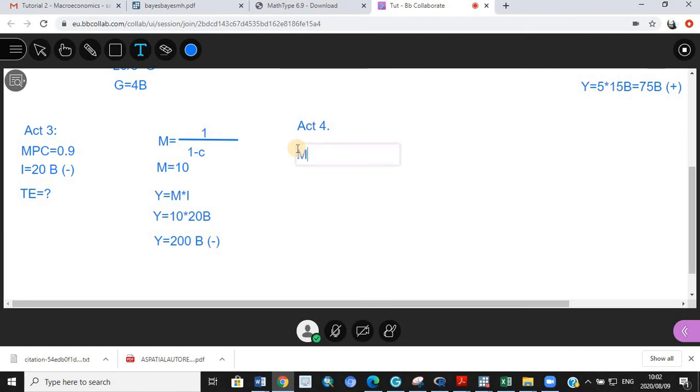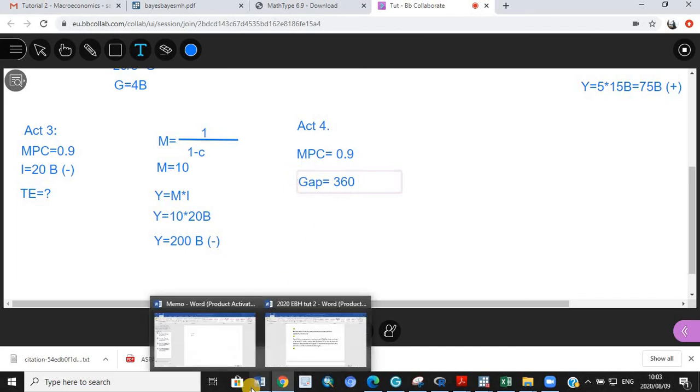We have our MPC equal to 0.9, right? Then we have a gap equal to 360, and this is in billions.